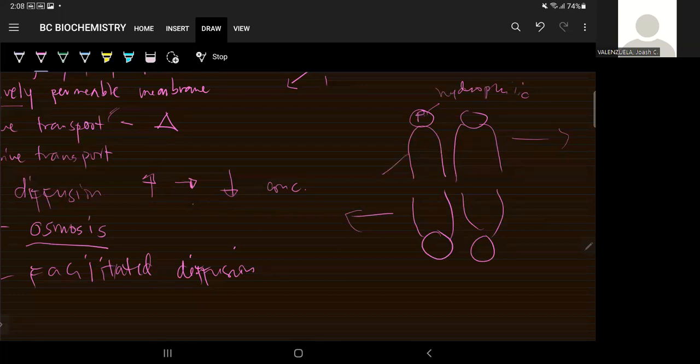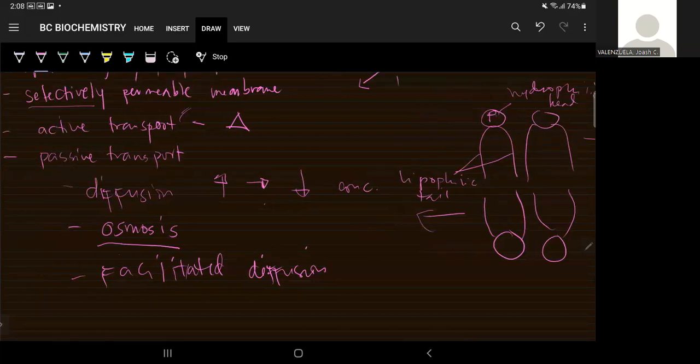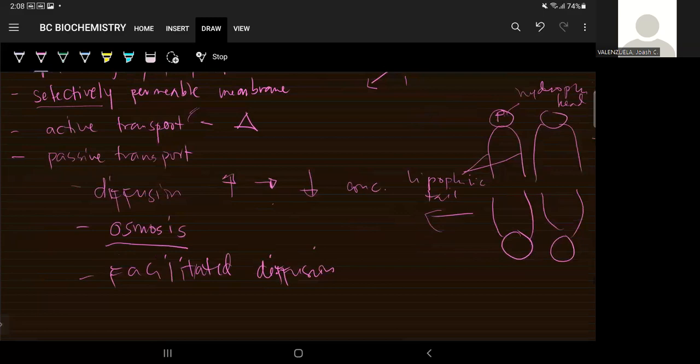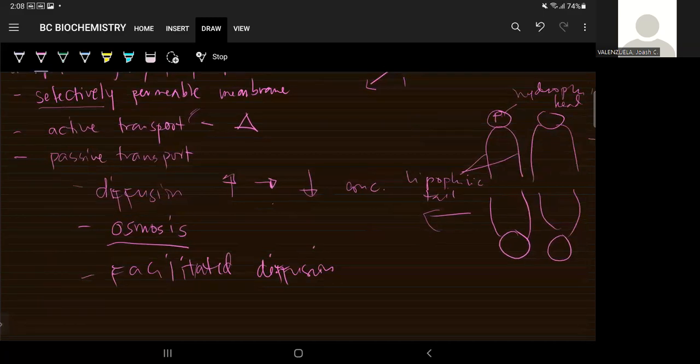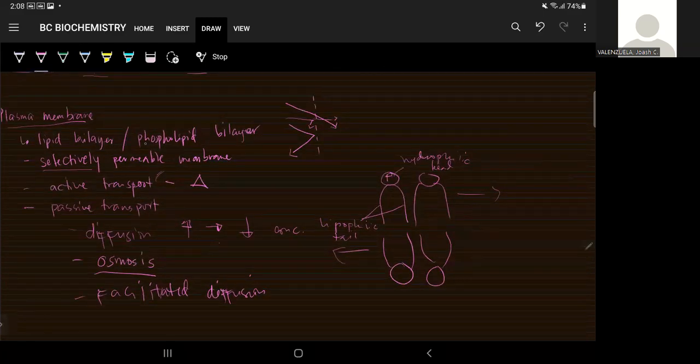Itong dalawang tail na to is your lipophilic. No? Lipophilic tail. This is your hydrophilic head. Pag lipophilic, of course, it pertains to lipid components niya. Kaya tawag sa kanya phospholipid, no? Phospholipid bilayer. Kasi nga, dalawang layer siya. First layer, then second layer. No? Do you get me, people?